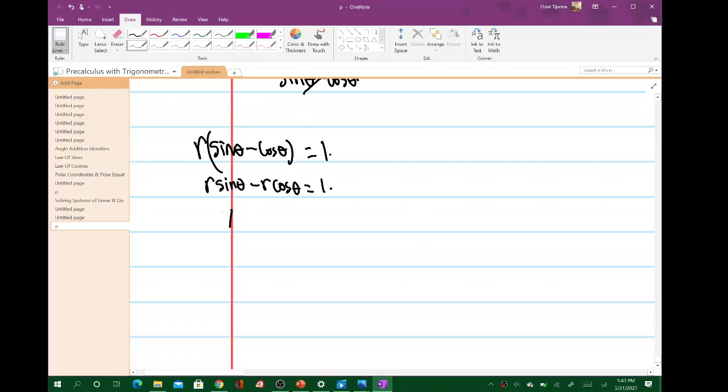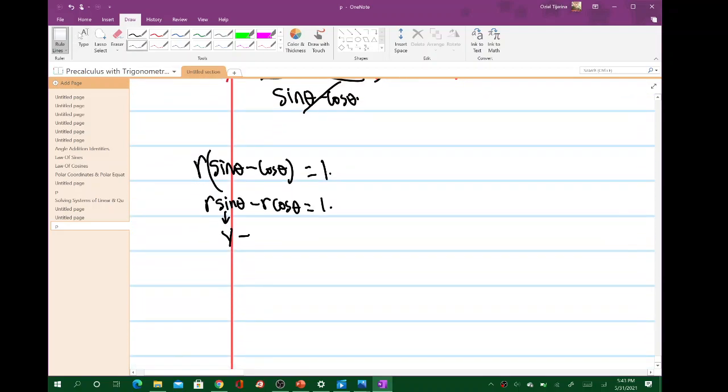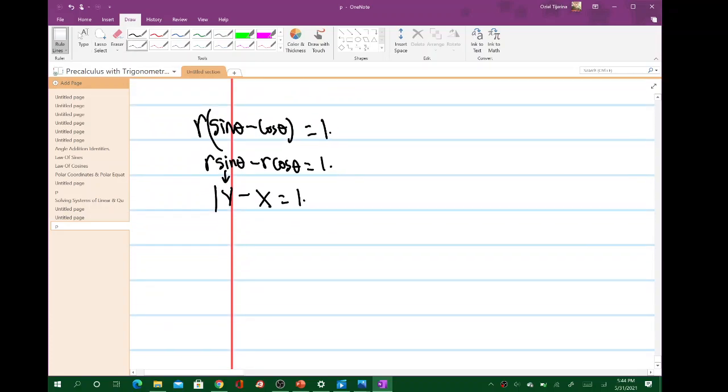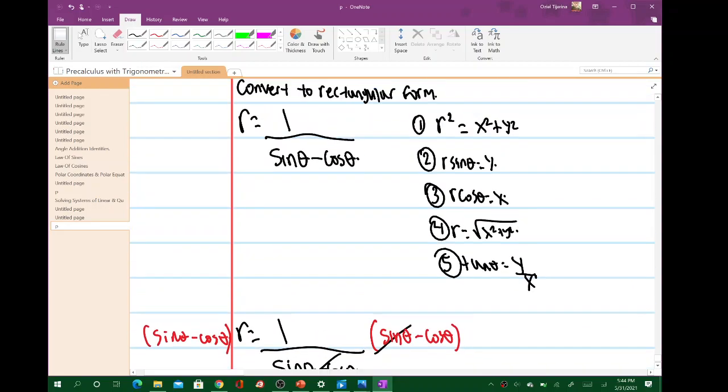So we have y, and then minus, and then r cosine theta is just x, right? Equals 1. So in rectangular form, y minus x equals 1.